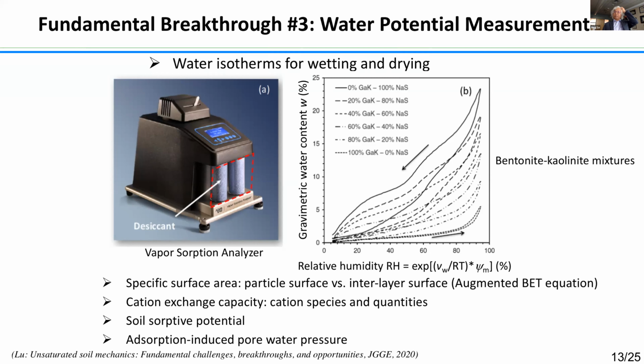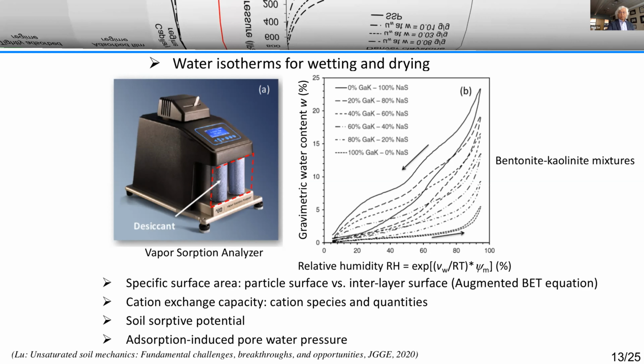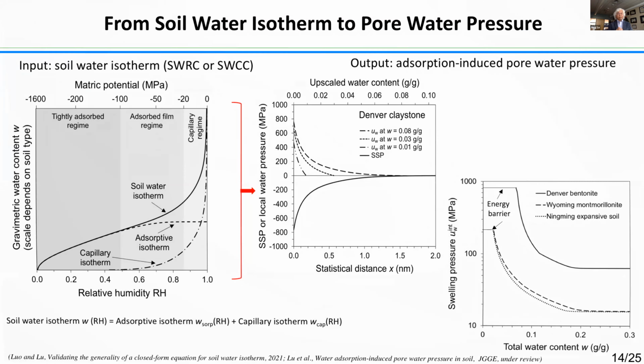That is very important because once we quantify the soil swelling potential, we can come back to use the same unitary definition of matrix suction to devise a way to directly quantify the pore pressure distribution under both capillary and adsorption. So I'm showing you some of the ways that we can do that right now.